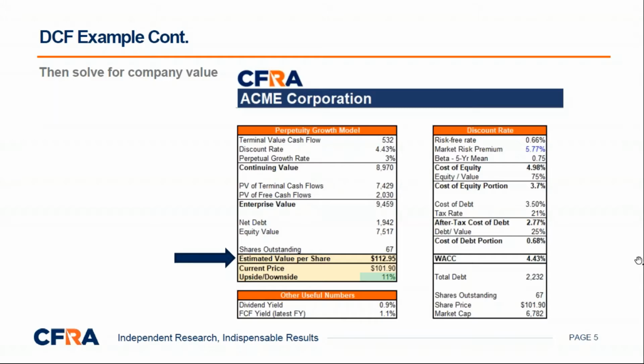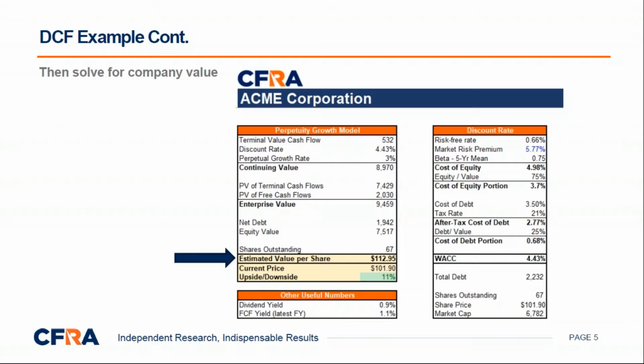On the next slide, in solving for company value, we have to determine the asset's terminal value. This is the value of free cash flow the company is expected to earn beyond the explicit free cash flow period through 2024, as illustrated on the previous slide.